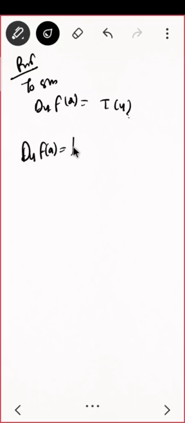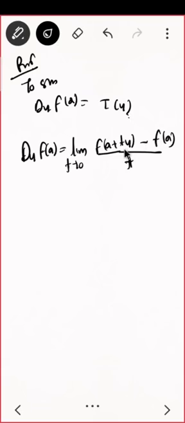Limit t tending to 0 of f of a plus tu minus f of a upon t. Correct? This was the definition of the directional derivative, where u is a unit vector. A unit vector is non-zero also, so that is not an issue for me.